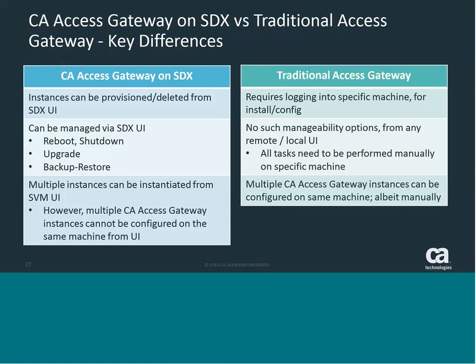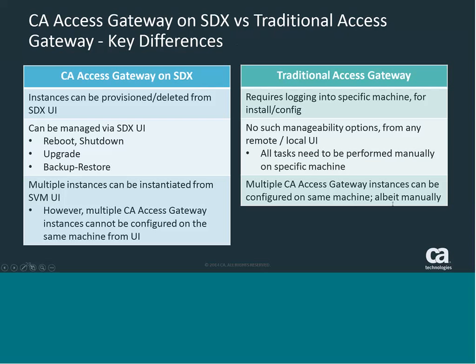So let's have a quick look at the key differences between the CA Access Gateway on an SDX platform, which is an appliance, versus a traditional Access Gateway. Typically, all these are really around the manageability gains we get by leveraging the SDX administrative UI. For our appliance, the instances can be directly provisioned and deleted from the SDX UI.